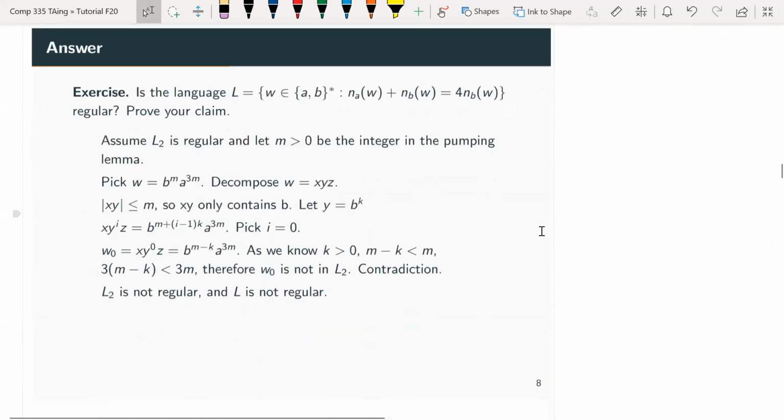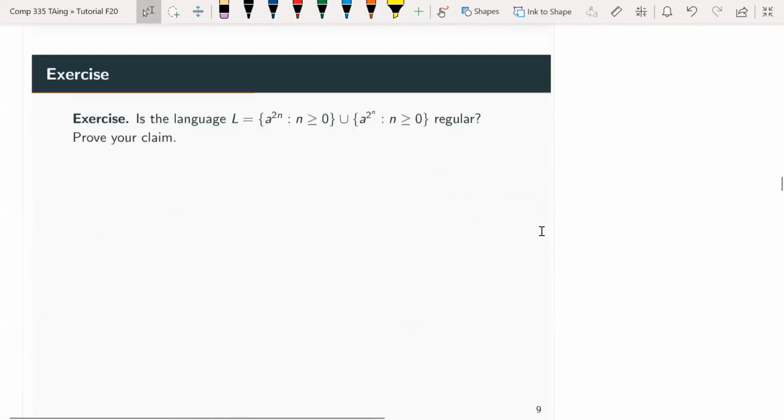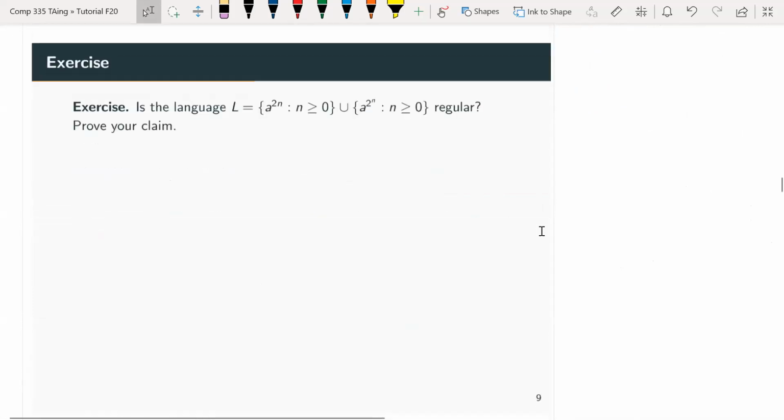All right, so the last exercise in proving that a language L is not regular or regular is going to be the following.